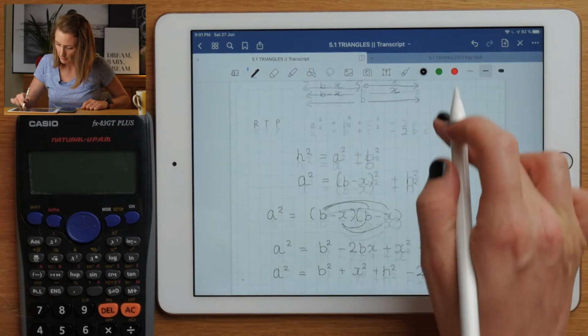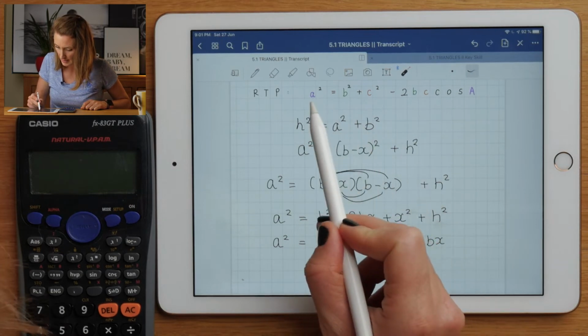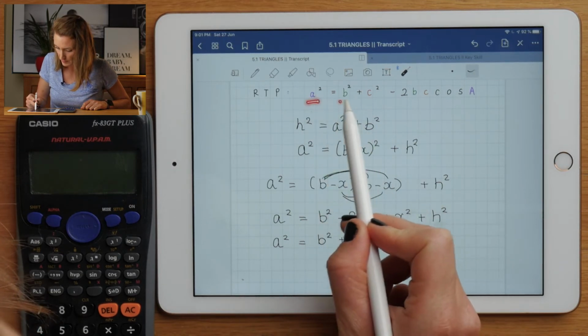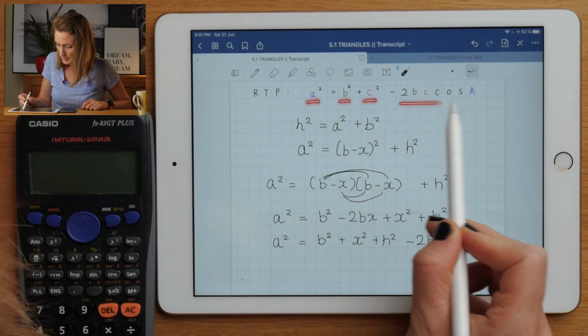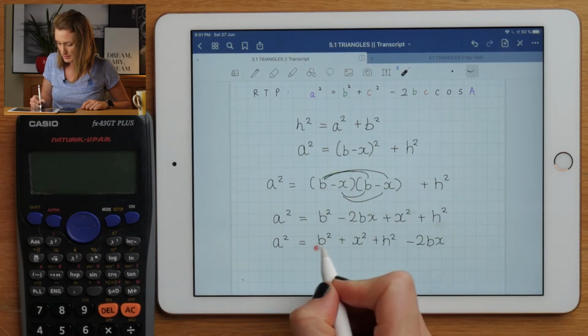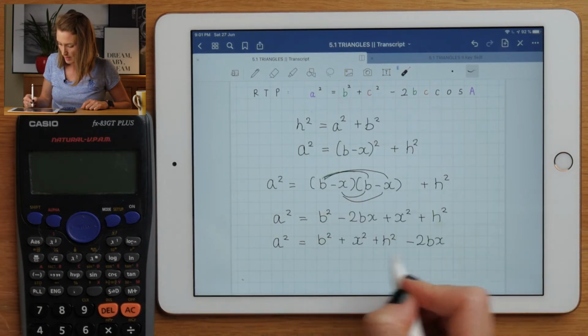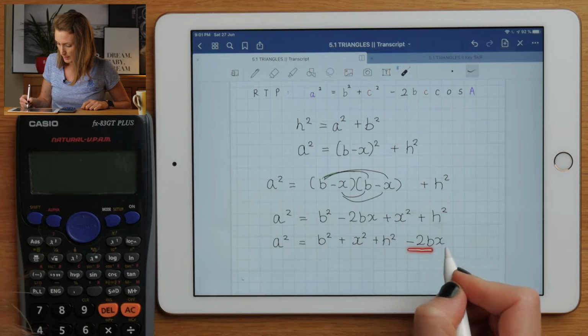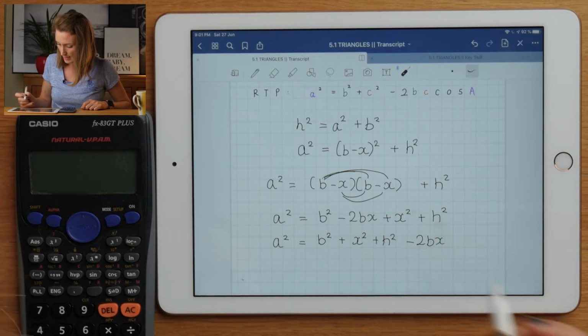I've rearranged it a little bit because I can already see that it's starting to take RV shape. So I've got here a squared equals b squared plus c squared minus 2bx, so I've put the b squared here so it's matching up, and minus 2b, so I need to find x.